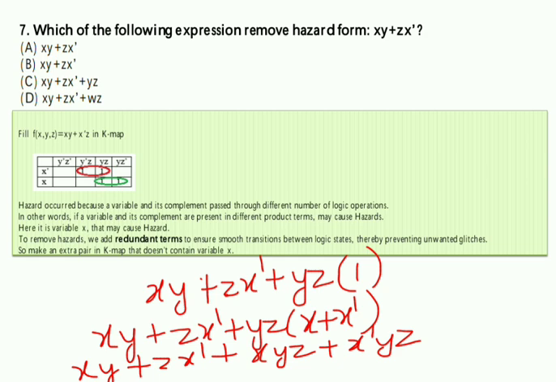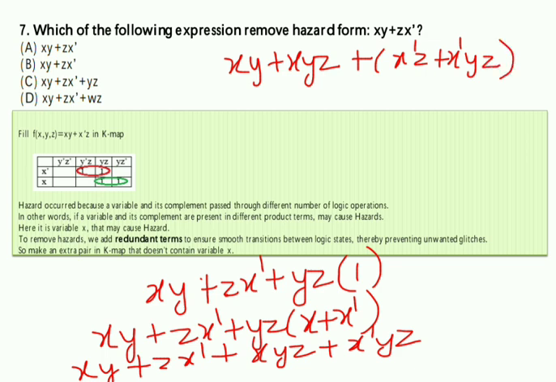Now we can write this as xy plus xyz plus x dash z plus x dash yz. If you take xy common here, xy into z plus 1 plus x dash z into y plus 1.